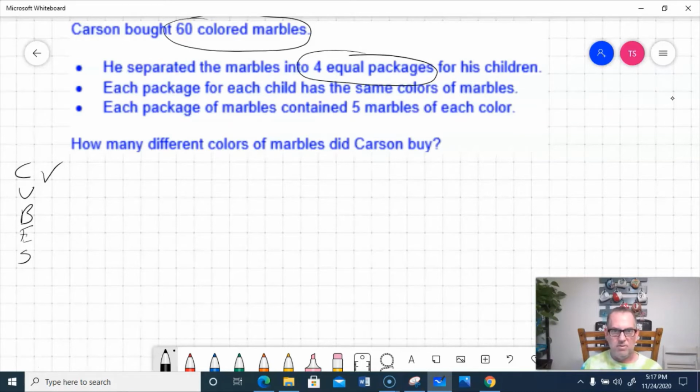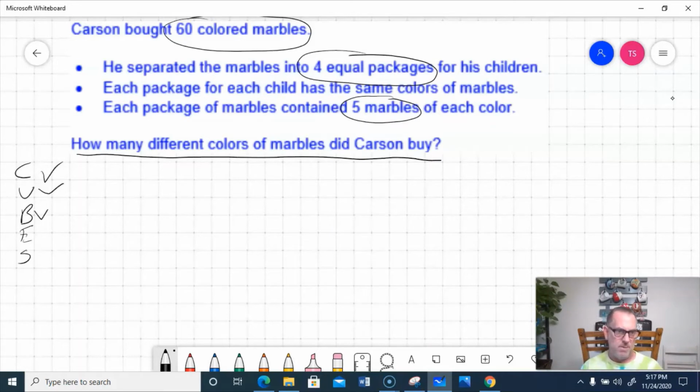Each package for his children had the same colors of marbles, and each package of marbles contained 5 marbles of each color. Next thing I'll do is underline the question. It says, how many different colors of marbles did Carson buy? So we try to figure out how many different colors of marbles Carson bought.